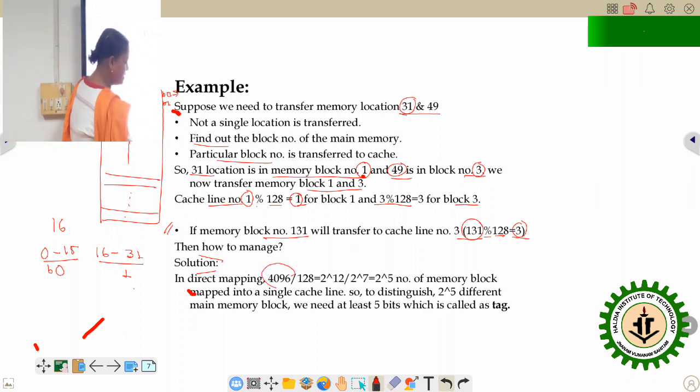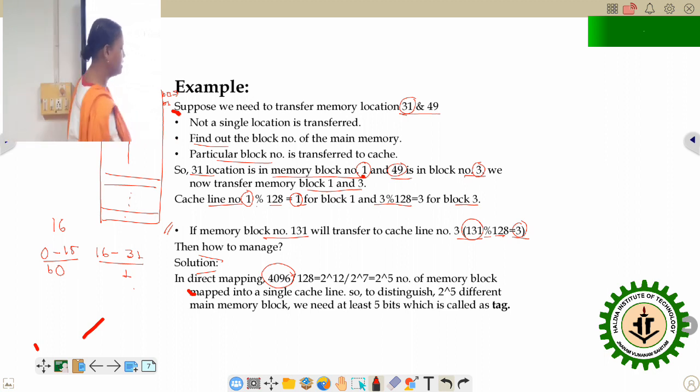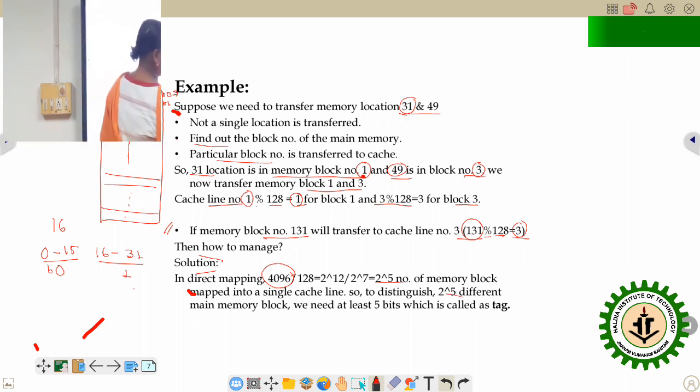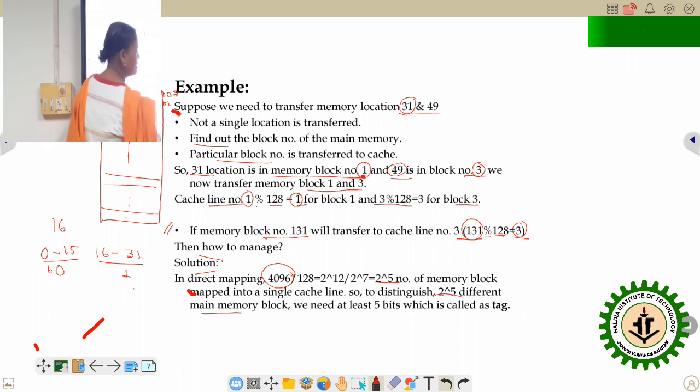Suppose, as per this example, 4096 is the total number of blocks divided by 128. So 2 to the power 5 memory blocks are mapped into a single cache line. So to distinguish 2 to the power 5 different main memory blocks, we need at least 5 bits.